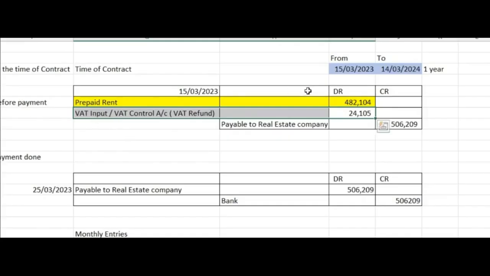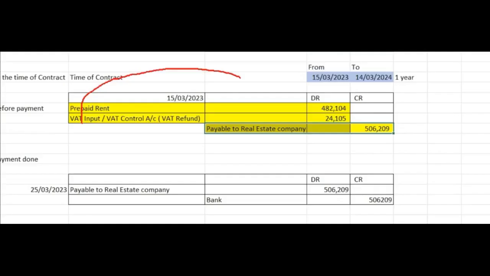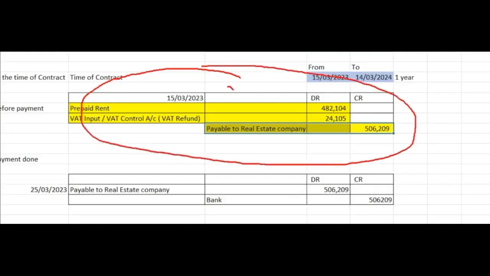And the amount that is payable to the real estate company is 506,209. So this is the entry that we have booked when we received the invoice.